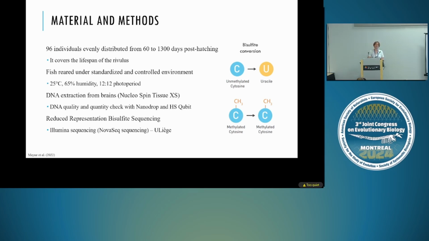Then we did DNA extraction from the brains using a NucleoSpin Tissue kit. We prepared the library using the RRBS Premium kit from Diagenode, and we sent the libraries for Illumina sequencing at the University of Liège. RRBS stands for Reduced Representation Bisulfite Sequencing, and it's a type of sequencing that allows me to know the methylation data in my sequencing.